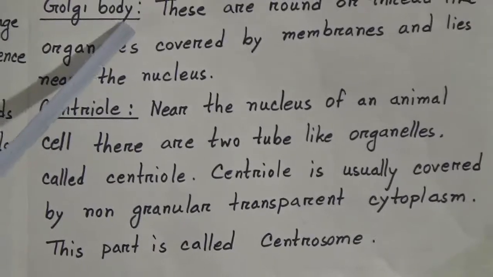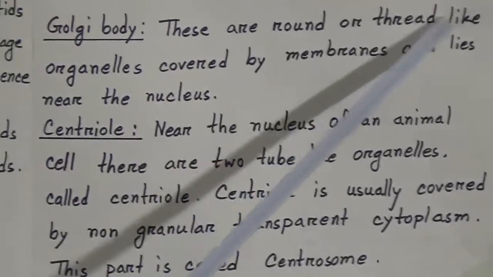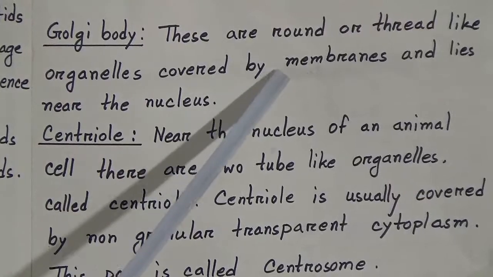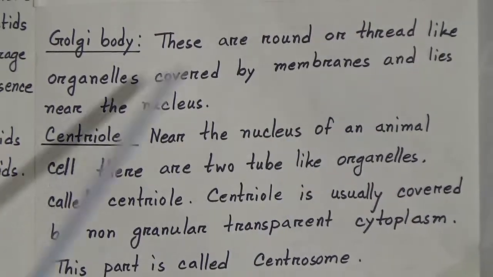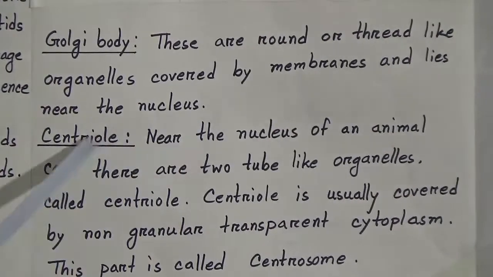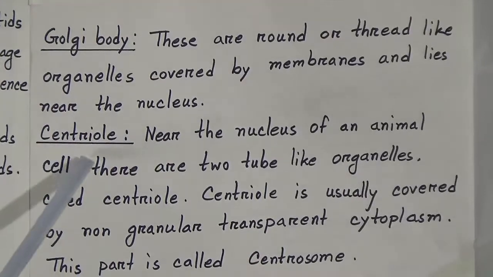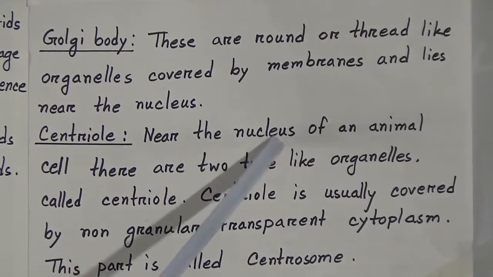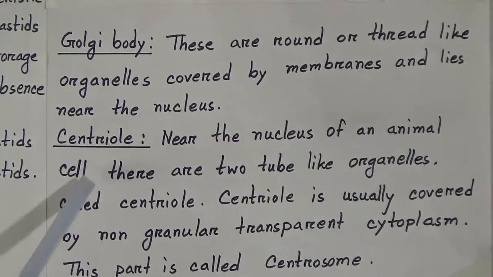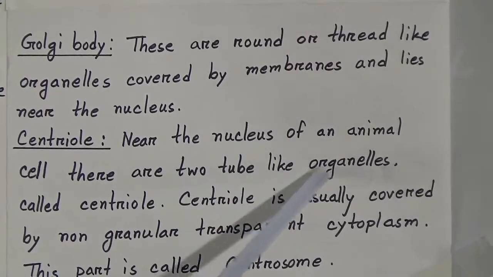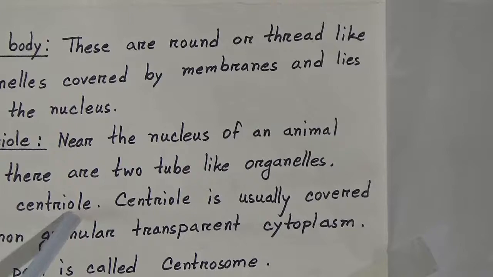Next is Golgi body. These are round or thread-like organelles covered by membranes and lies near the nucleus. Next one is centriole. Near the nucleus of an animal cell, there are two tube-like organelles called centriole.